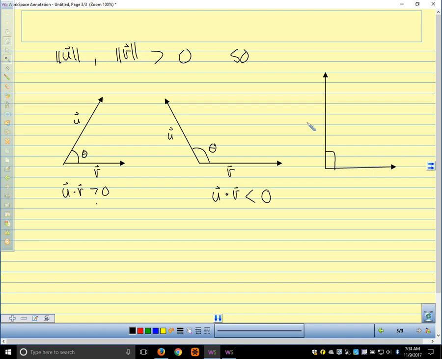That's a 90-degree angle. Cosine of 90 degrees is 0. u dot v equals 0.